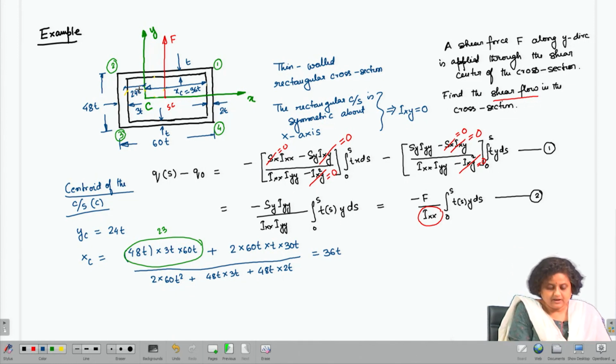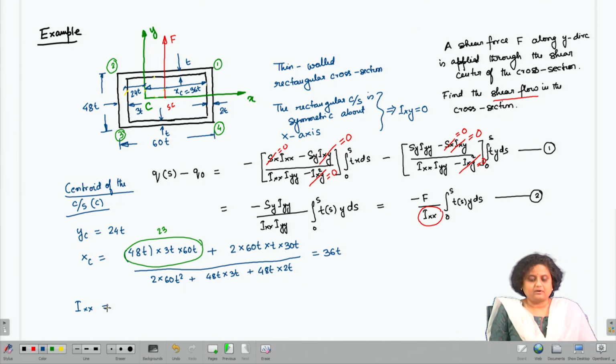Now, similarly, we need to find out IXX, the sectional property about the XS axis.